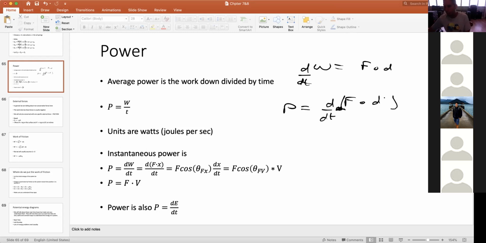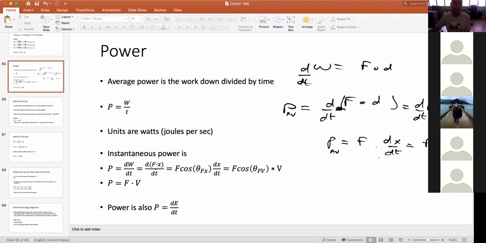Now, if F and D are parallel to each other, remember that this is just d/dt of, let's call it, F and X. Well, if F is constant, then this is dX/dt, and this is F times the velocity. So the force times the velocity is the power, and I should say that this is really average because it's constant.